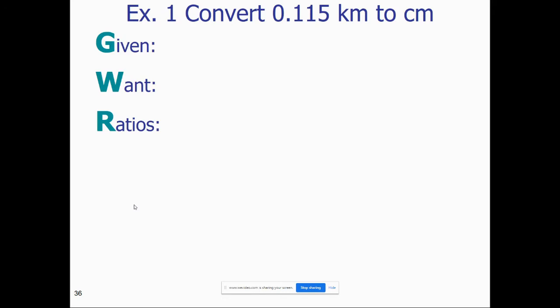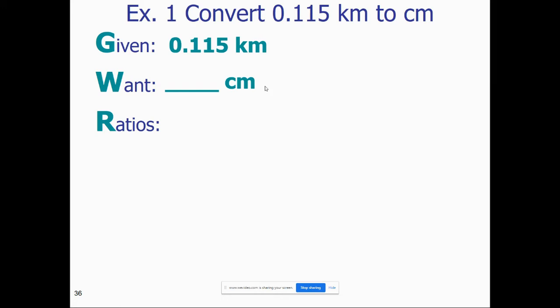The first thing you have to figure out is what is given to you, what do you want, and what is that relationship between our given and our want? So given, easy, is 0.115 kilometers. Our want is centimeters. Do we know a relationship between kilometers and centimeters? You may not know that direct relationship.